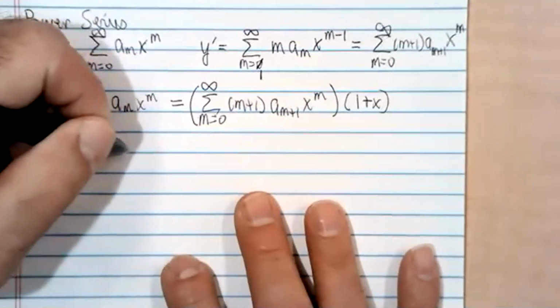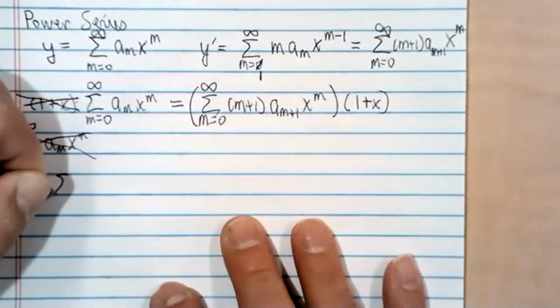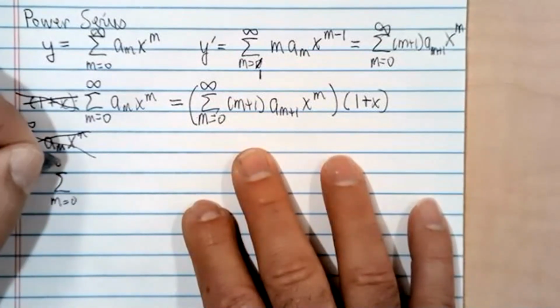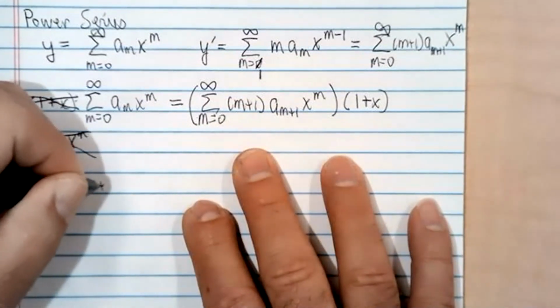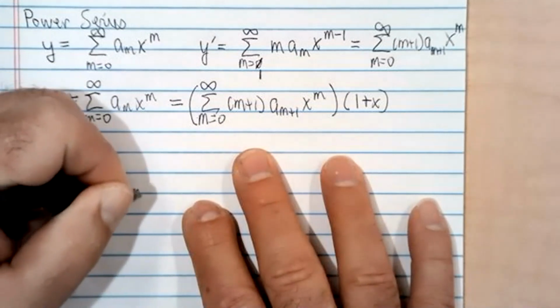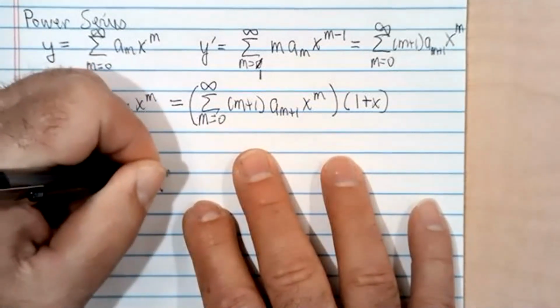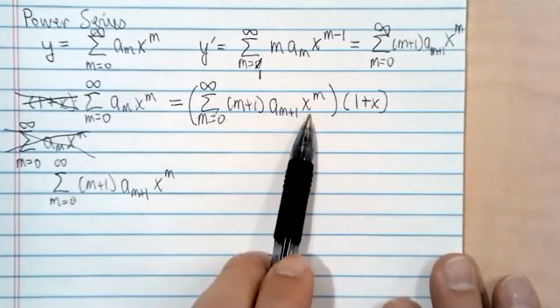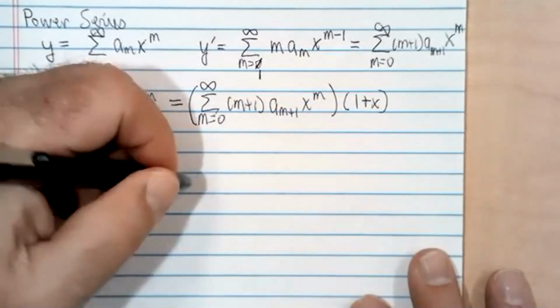So the sum m goes from 0 to infinity of (m plus 1) a_(m+1) x to the m. Then when I multiply this series by x, the power of x goes up by 1.